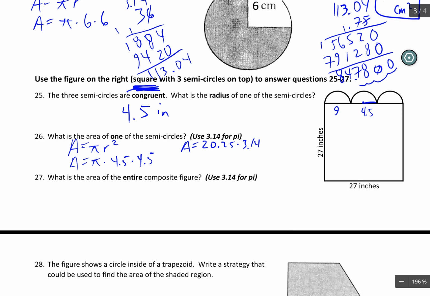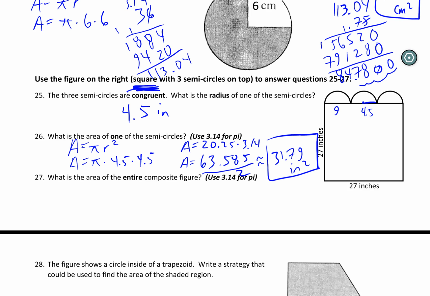When I multiply that out, I'm going to get 63.585. Since I only have half of a circle, I need to divide that by 2. When I divide that by 2, I'm going to get approximately 31.79. And my units are inches squared.